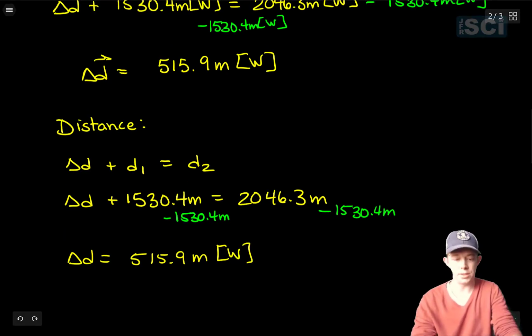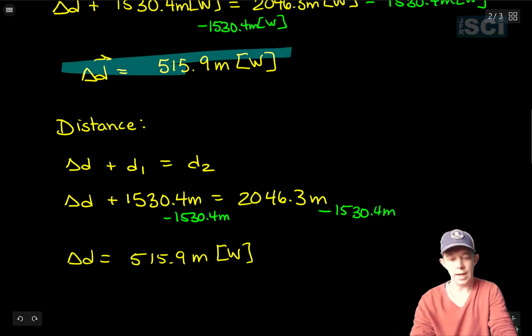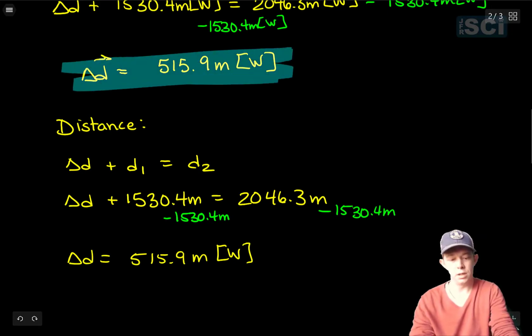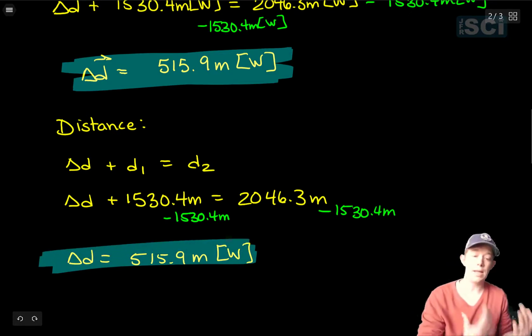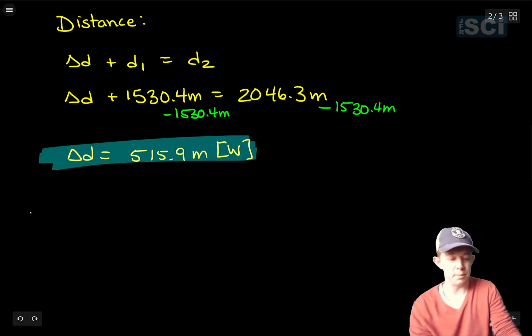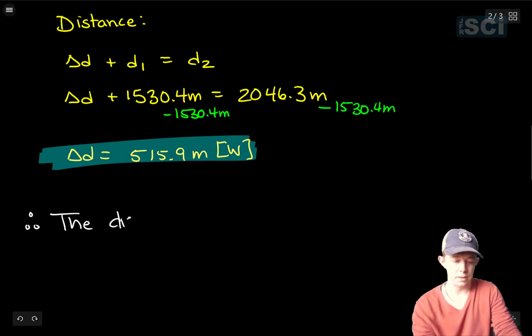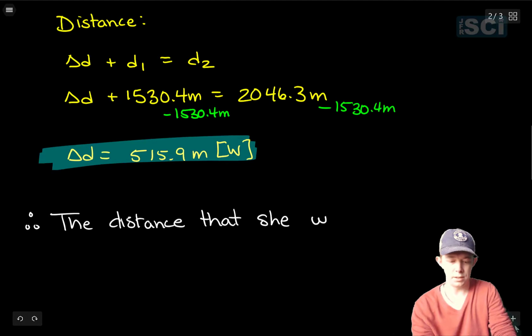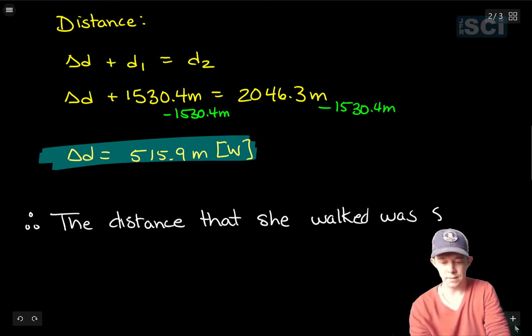So I have two strategies here. One strategy is that you could highlight on your page your answers, which demonstrates, hey, this is what I found. The other strategy is that you can come up and state them. So the distance that she walked was 500.